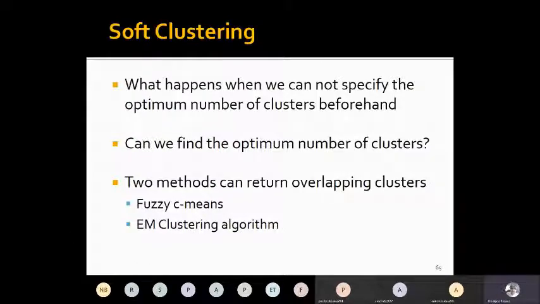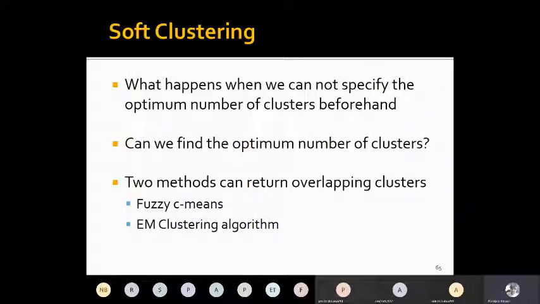So next, we will address the other problem in K-means and K-medoids, that in both of these algorithms, we need to know the value of K, or the number of cluster centers, a priori. But what happens when we do not know that? Then there are clustering algorithms which are known as soft clustering. In all the previous clustering algorithms, the output is that each data point is assigned to an individual cluster.